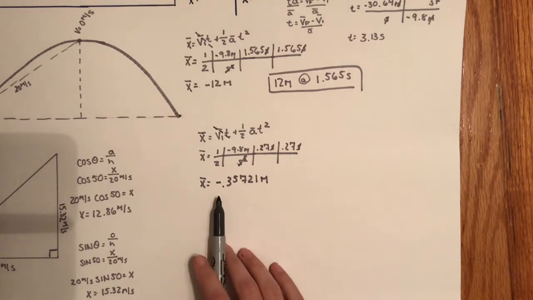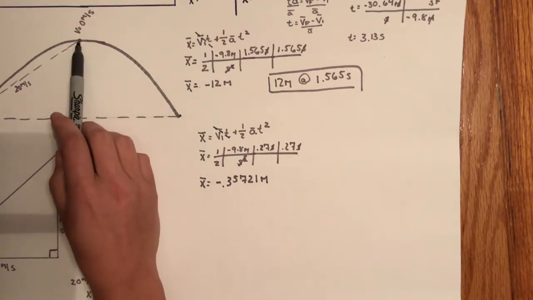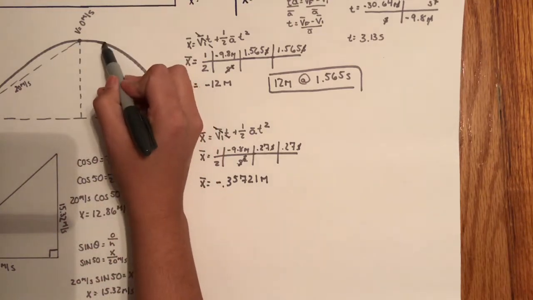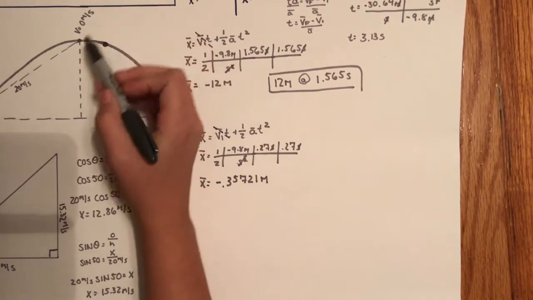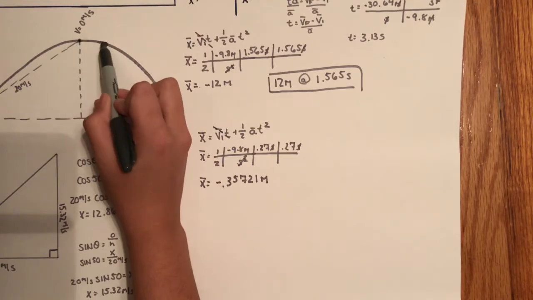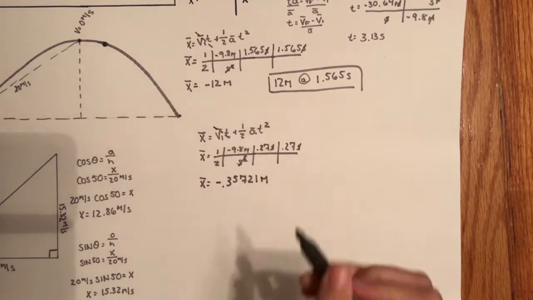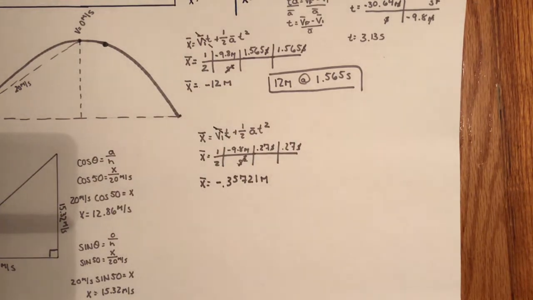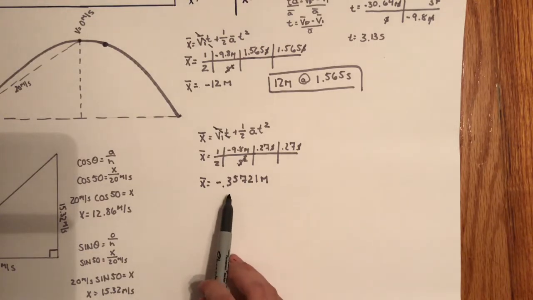Instead, this is actually the distance from the top of the jump to 0.27 seconds away. So this will be this height from here to here, 0.27 seconds away. Again, it's negative because the direction is downwards rather than upward.